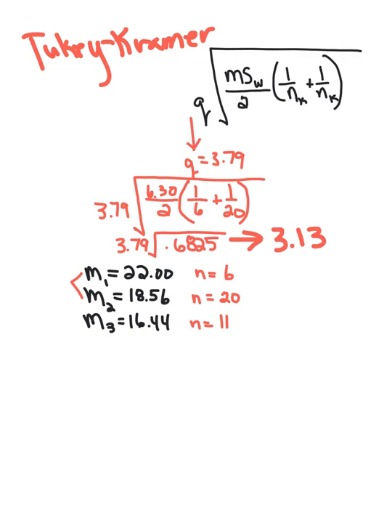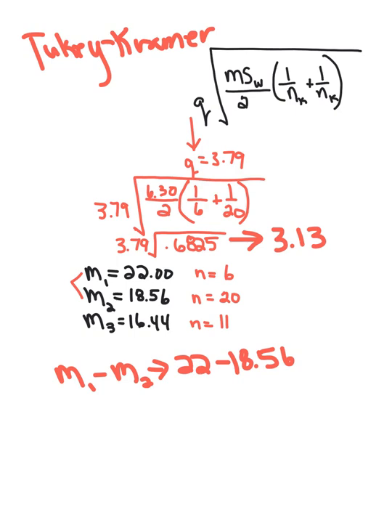And because I did group 1 versus group 2, that's where I need to look for the difference now. So I'm going to go mean 1 minus mean 2, which is 22 minus 18.56.